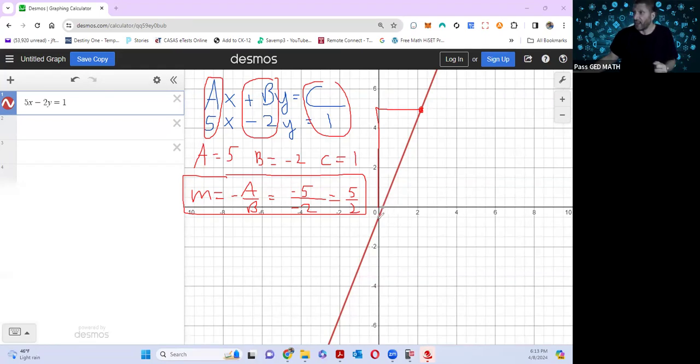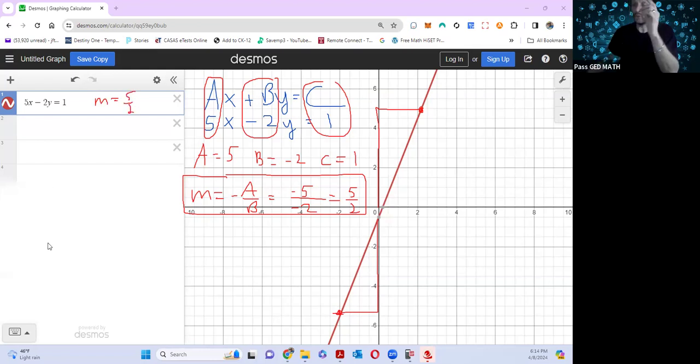Okay? So if I go down 5, 1, 2, 3, 4, 5, and over 2, 1, 2, I'm on that line. So that's what you want to remember. So we got the slope from here is 5 over 2.